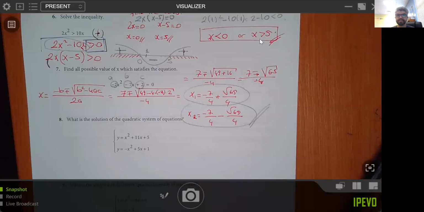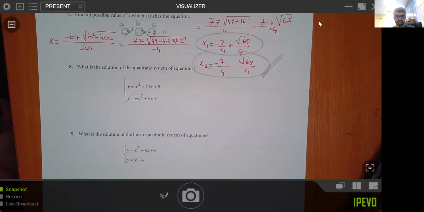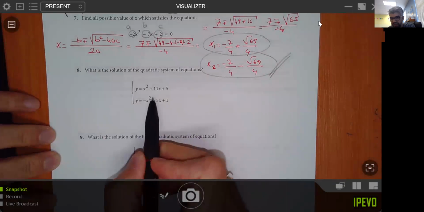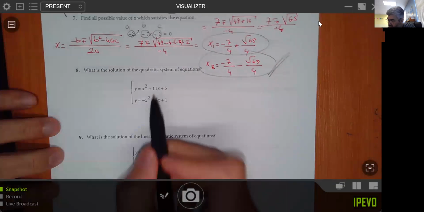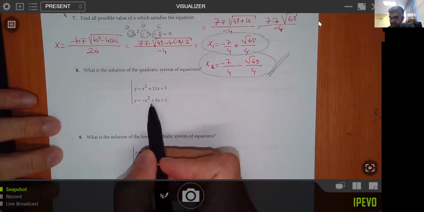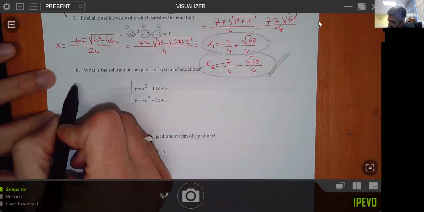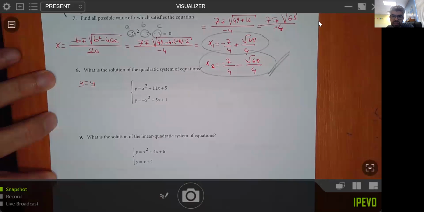Are you ready? Number 8, what is the solution of the quadratic system of equations? We have two quadratic equations, and remember how we were solving these systems. It means these two functions have common points, and for those common points their x and y values are equal to each other.